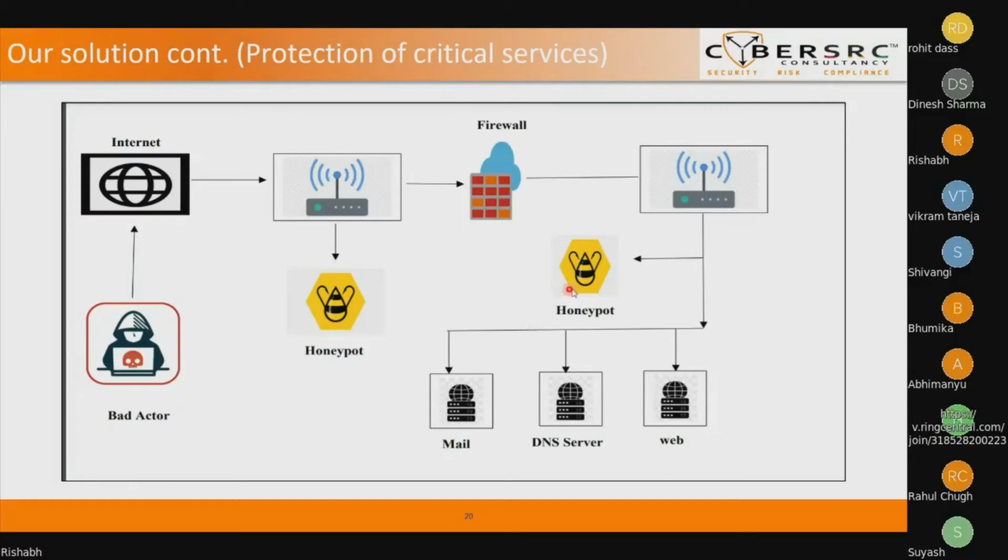We are also checking the logs and activities on these critical servers, like the mail server, DNS server, or web server, so that we can check if any insider attack is happening, or the bad actor has established any shell over here for any future attack he or she wants to carry out on the organization.